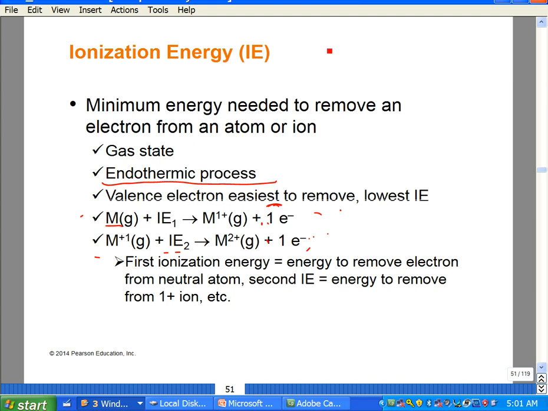Okay. So when you have a neutral atom, which means it's in its ground state, electrons are negatively charged, right? So every time you remove one, you end up reducing that net negative charge.